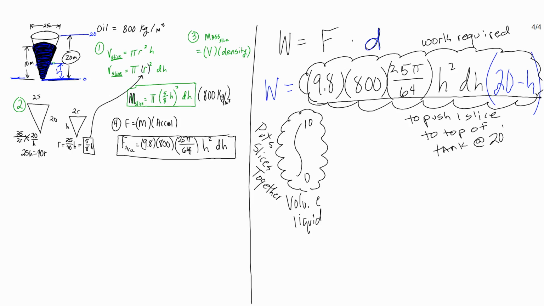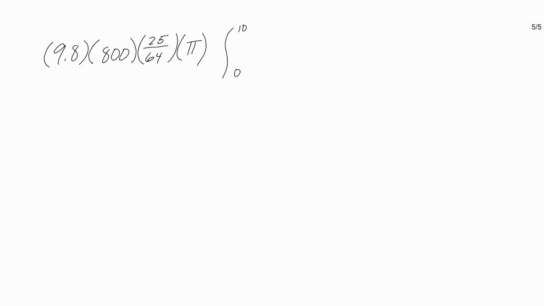So this is what I got: 9.8 times 800, 25 over 64, pi, integral from 0 to 10 of h squared (20 minus h) dh.